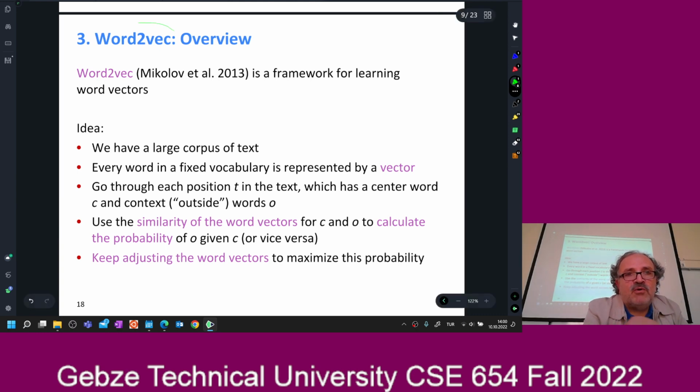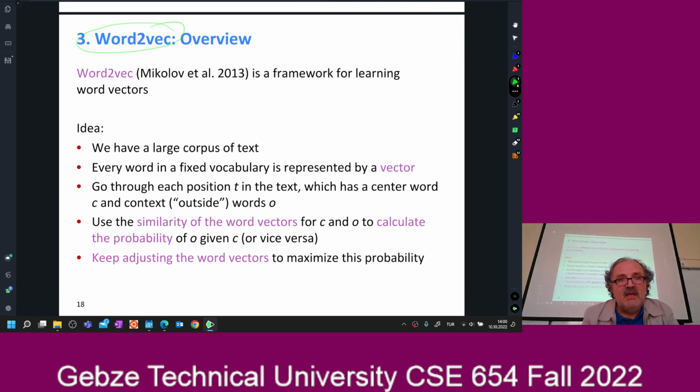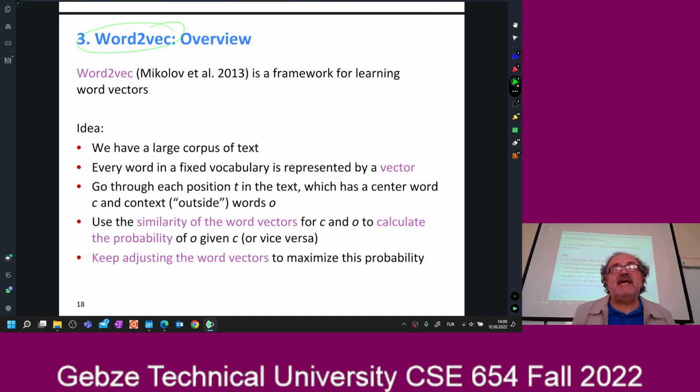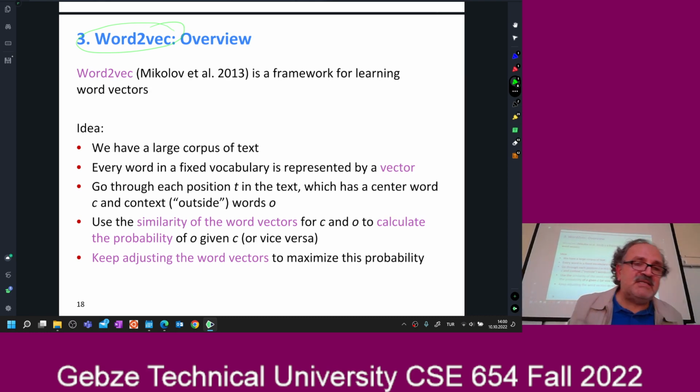Word-to-vec. We are going to convert words to vectors. That's why it's called word-to-vec. Mikolov and the others proposed this approach in 2013. Before them, of course, representing words with vectors was very popular, but they came up with a fully unsupervised approach. All you do is, for example, how many words are there in Turkish Wikipedia?